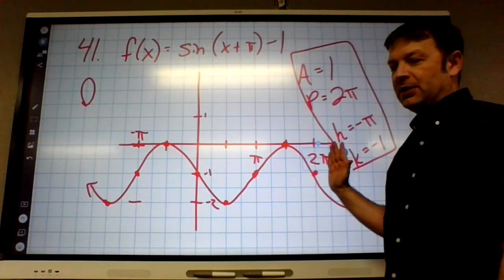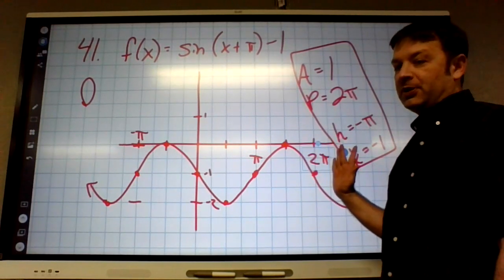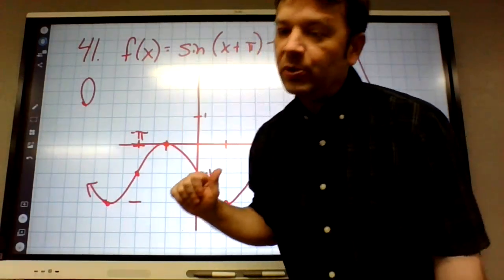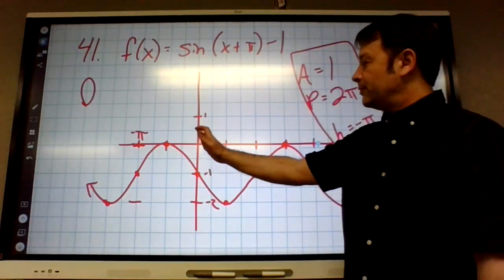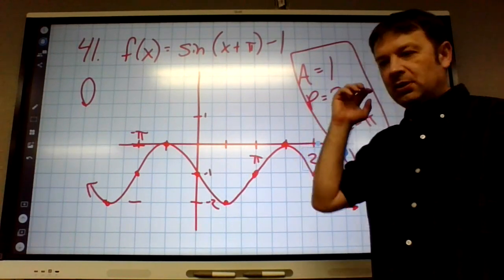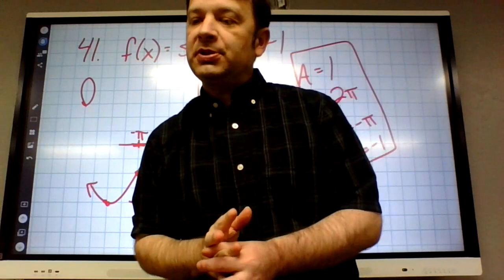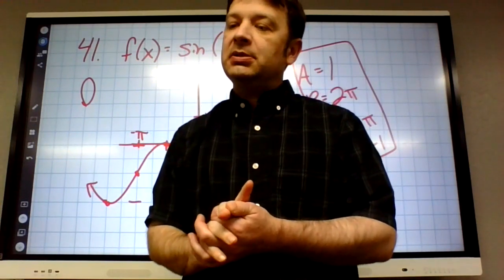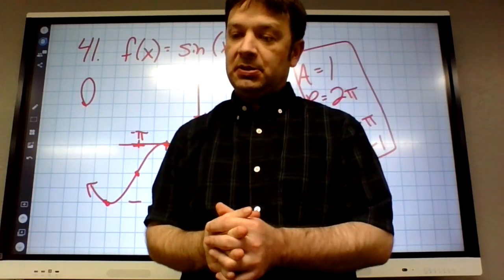Does that make sense? So when you move right 1, you're just going to move right one mark. Okay, so where do I start my first point? Cosine starts at the top, yes.